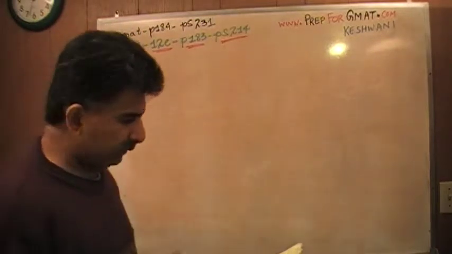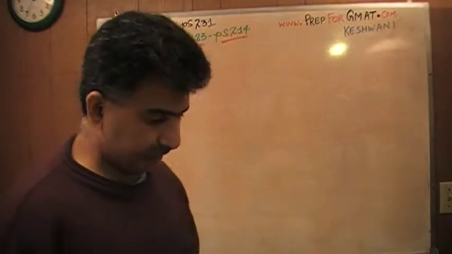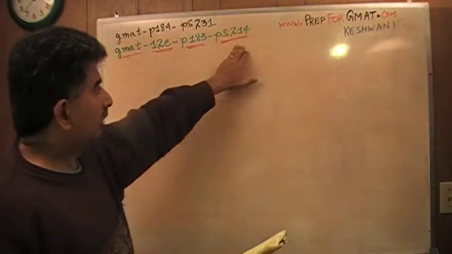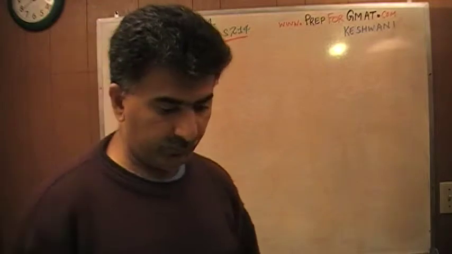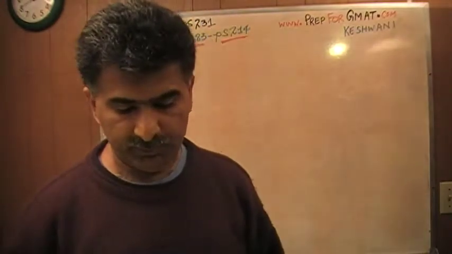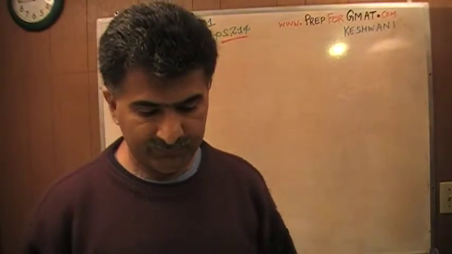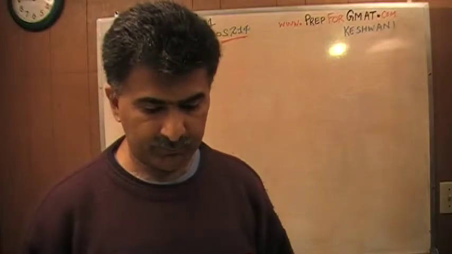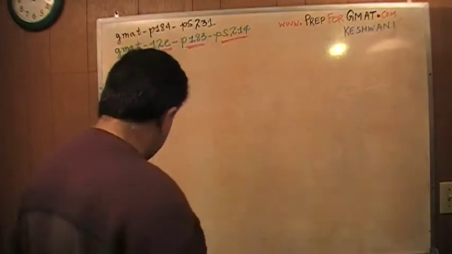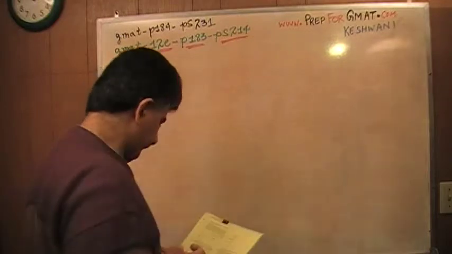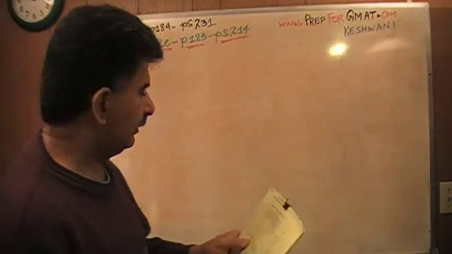Let's take a look at it. Problem number 231, or problem number 214 if you have the 11th edition in front of you. Let's read the problem. Turn to the page and read the problem with me. Xavier, Ivan, and Zelda. Interesting. All right.